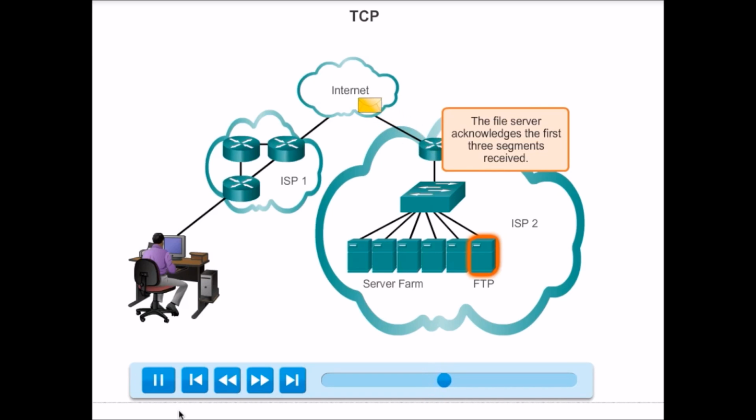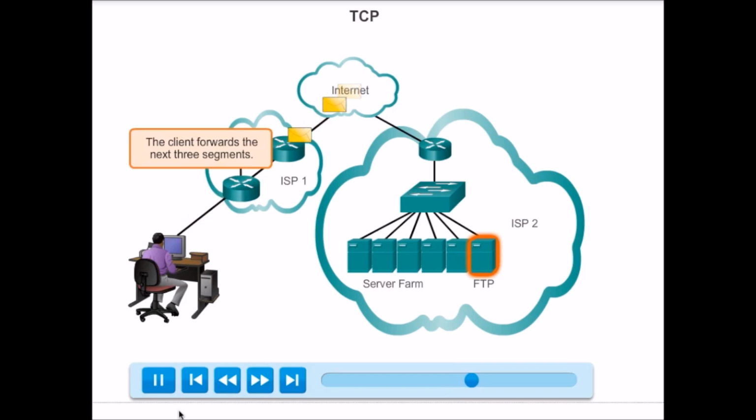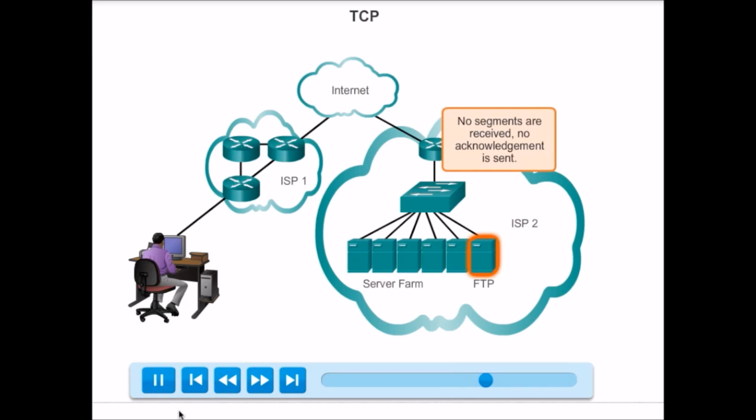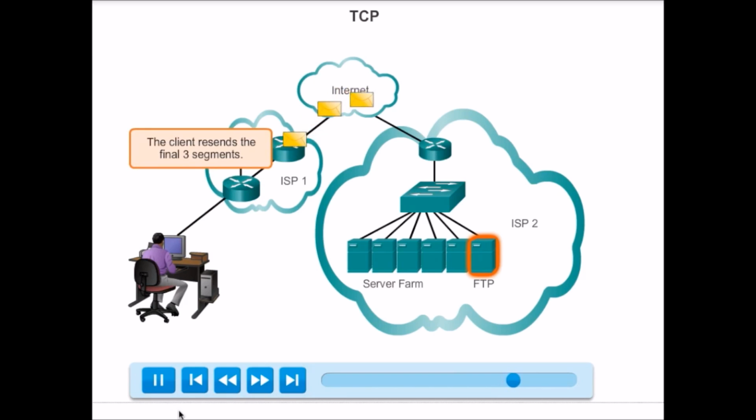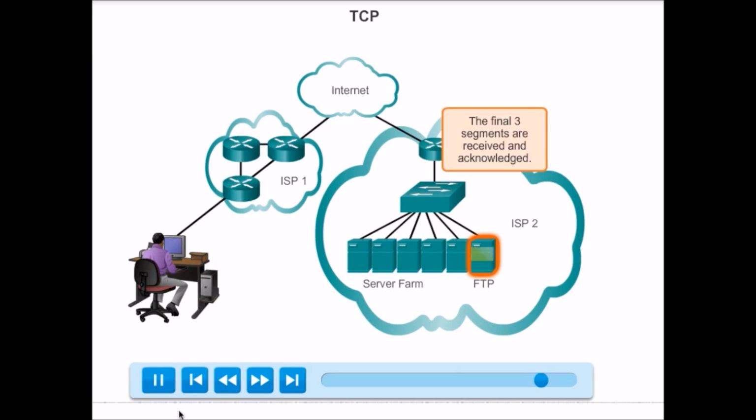If there is no response of the message being received, it is assumed that the message is lost and it resends it, but only the portion of the message that was lost, not the entire message. On the receiving host, TCP reassembles the message segments and passes them to the application. Examples of applications that use TCP to ensure the data was delivered are FTP and HTTP.